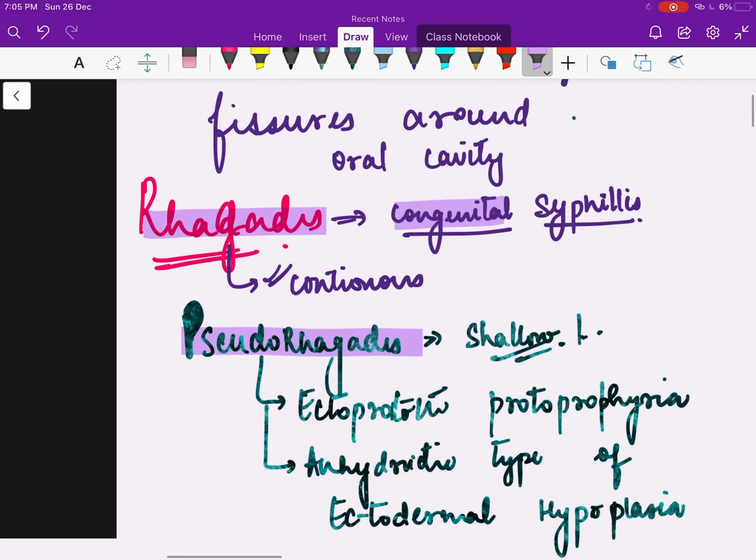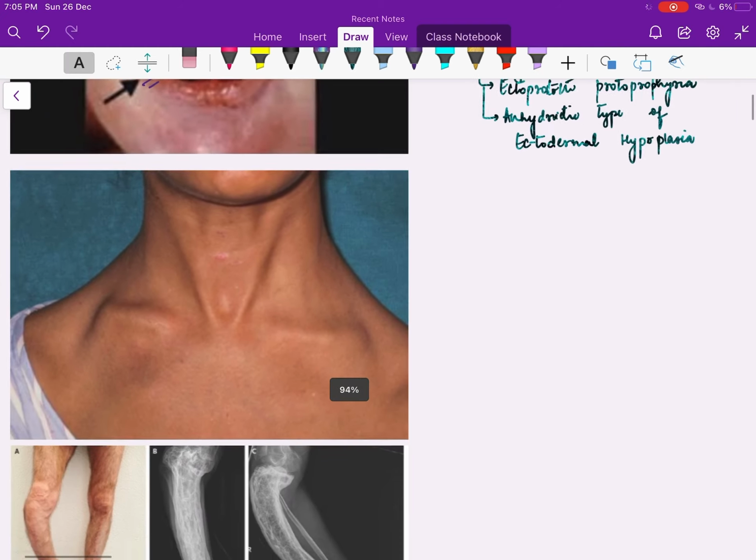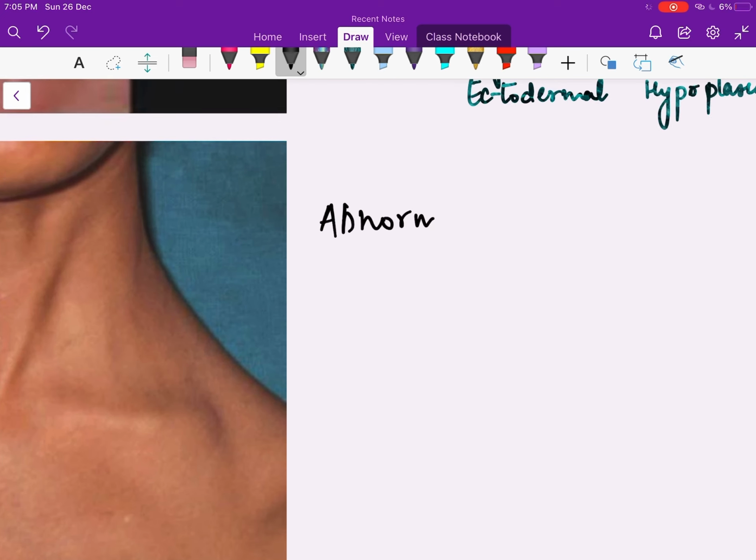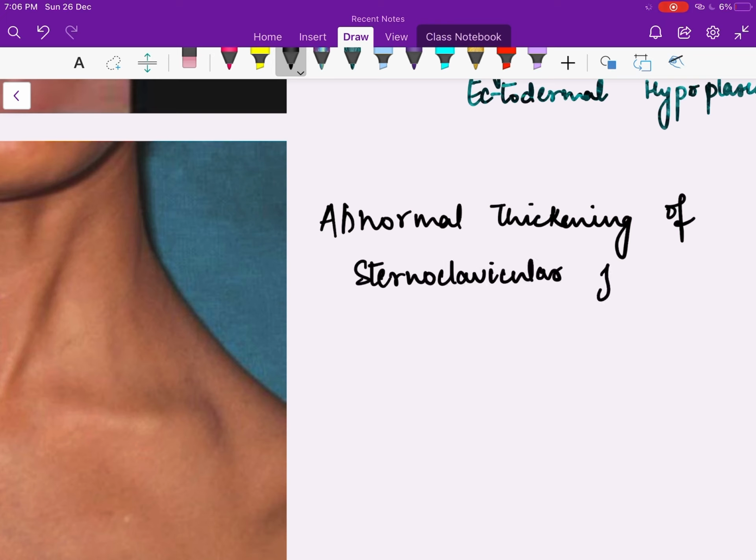Coming to the next one, there is abnormal thickening of the sternoclavicular joint. This is called Higoumenakis sign.